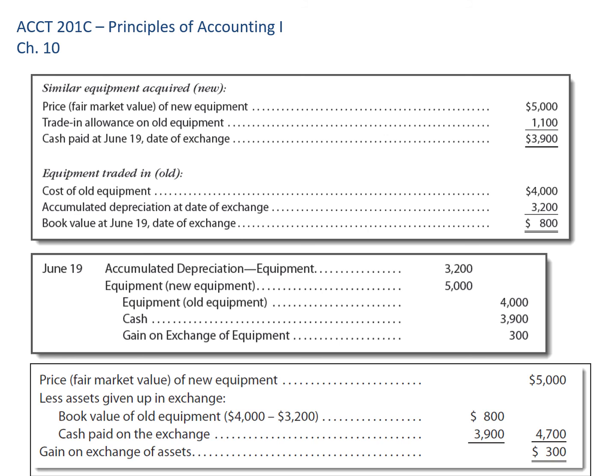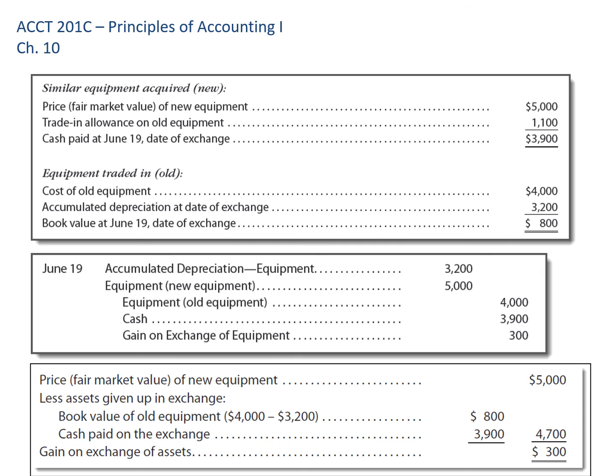Accumulated depreciation at date of exchange was $3,200. So the book value at the date of exchange was $800. So I can look here and say they're giving me a trade-in allowance of $1,100 on something I have a book value at $800. So it sounds like I have a $300 gain in that case. That's what I'm being given as a trade-in allowance relative to the book value.